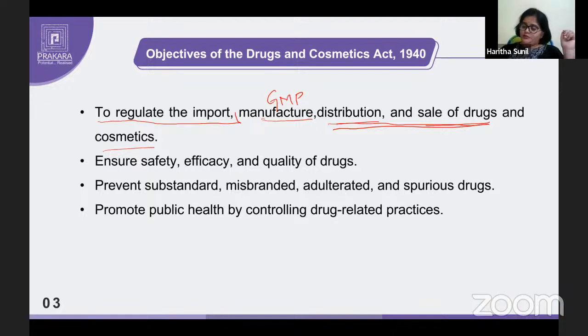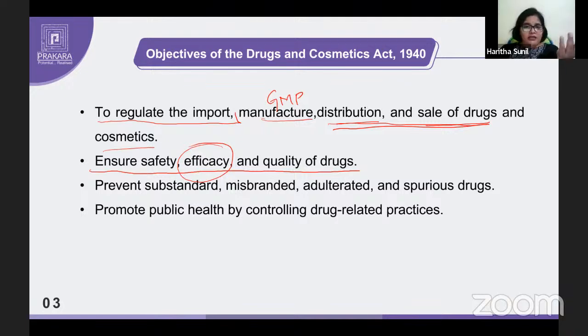The second objective is to ensure the safety, efficacy, and quality of the drugs. What do you mean by safety here? The drugs must not pose any risk to the patient, and testing is mandatory to ensure that the products are safe for human use. Efficacy means the drugs have to possess the action they are intended for.